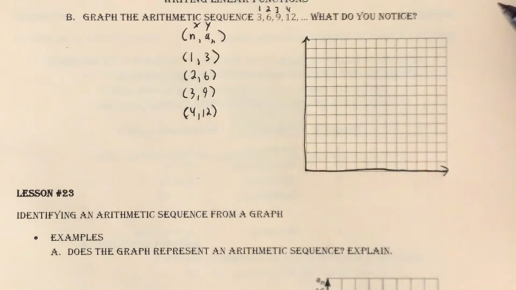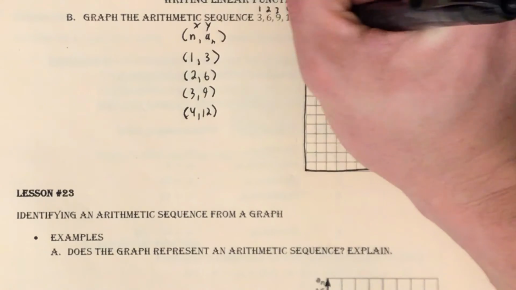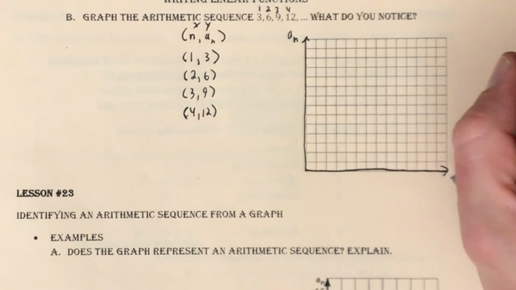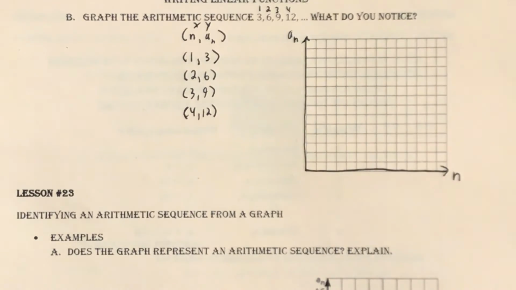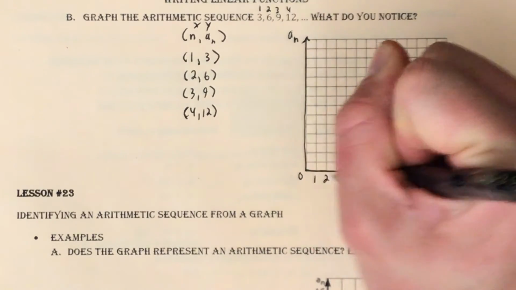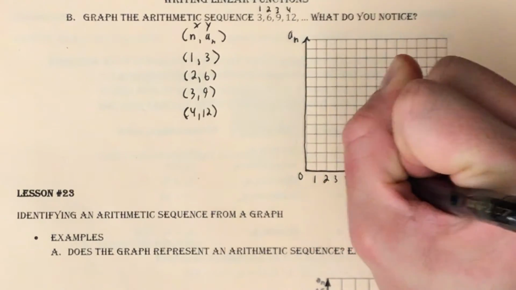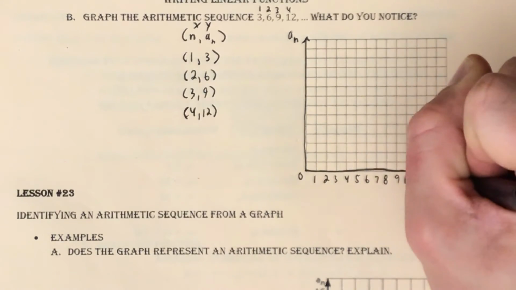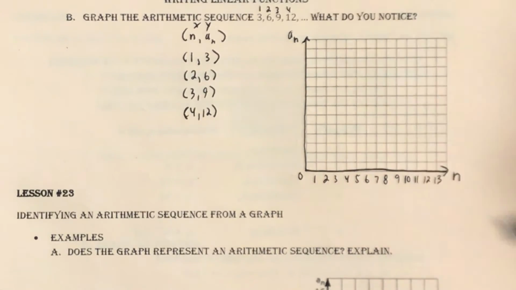Don't need to do anything crazy here. So again, the y-axis is also known as the a of n when it comes to arithmetic sequences, and the x-axis is known as n. N's are increasing by 1, so I'm just going to label by 1s. So 2, 3, 4, 5, 6, 7, 8, 9, 10, 11, 12, 13.